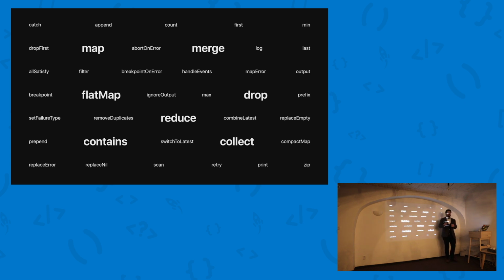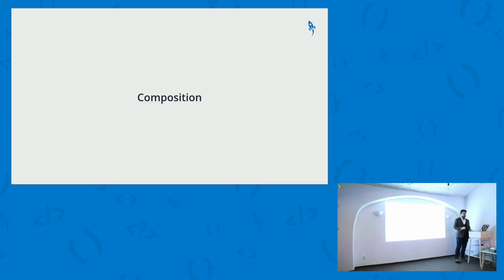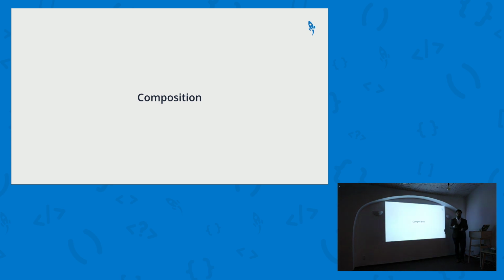And we don't have a few highly specialized operators that do a lot of stuff. We have a huge amount of operators, and each of them does a really, really small thing. And you need to think about something called composition. You really need to think about how to create your app in a way that considers how the data flows through the app, how the data changes through the app. And we'll see about that in a second.